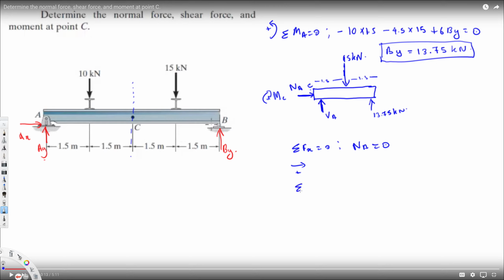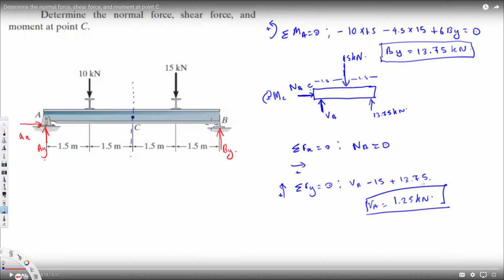If I take sigma Fy equals 0, with upward direction positive, I will get VA minus 15 plus 13.75 equals 0. Solving for VA, I get 1.25 kilonewton. Since the answer is positive, we know the direction is right.